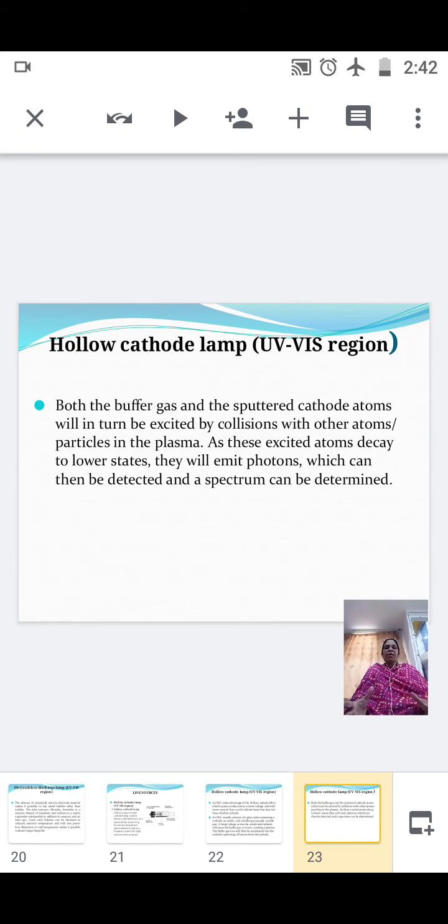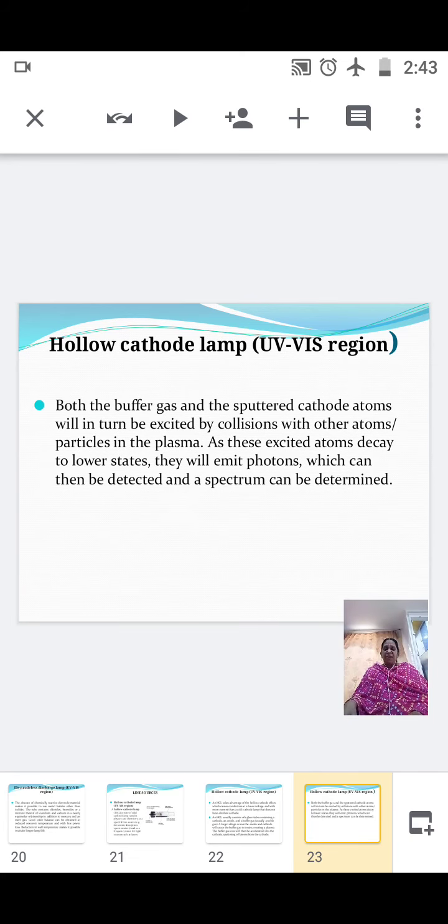So what happens when a large voltage is applied across the anode and the cathode? The buffer gas begins to ionize, creating a plasma. The buffer gas ions will then be accelerated into the cathode, and sputtering of the atoms from the cathode takes place.